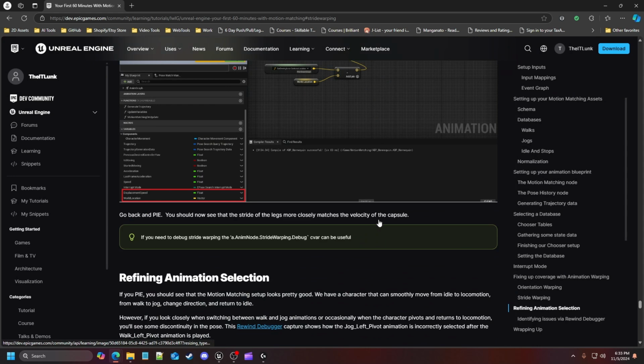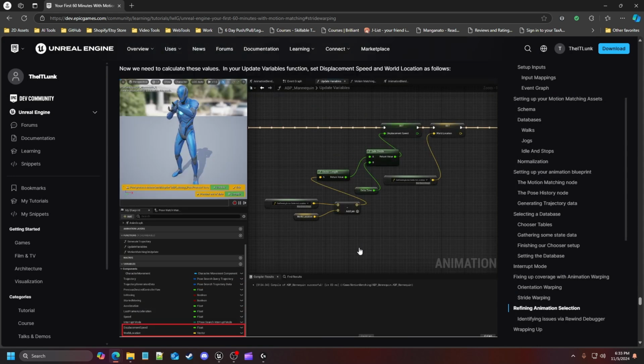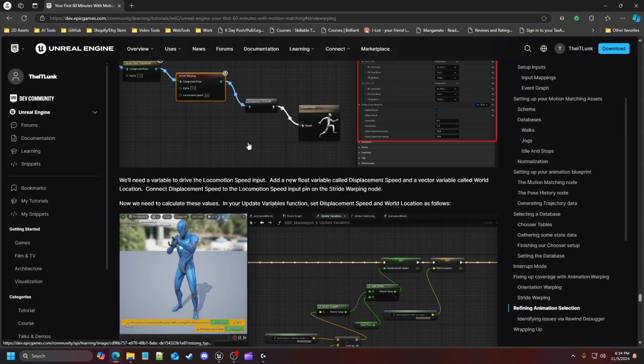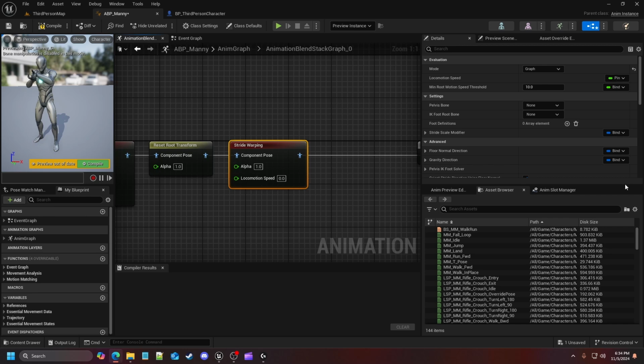I can kind of get it, but at the same time, if we're trying to clamp or at least reduce the foot sliding based off of our speed, to at least match our character, then I feel like it's better to add our ground speed to it, right? Because we want to clamp it to that.